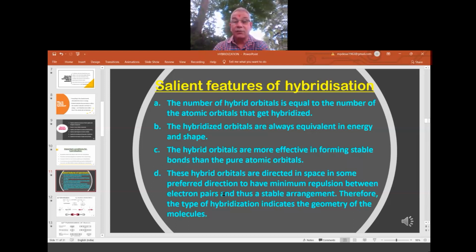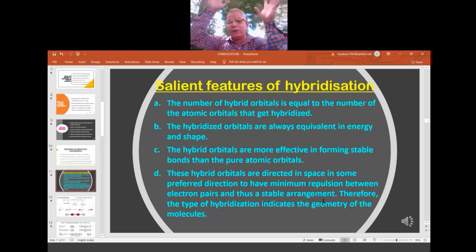And the fourth feature: these hybrid orbitals are directed in space in some preferred direction to have minimum repulsion between electron pairs, and thus a stable arrangement. That means after mixing, they go for a proper shape in such a way that the same mantra is maintained: least repulsion, least energy, maximum stability. Lone pairs less, bond pairs more, or all bond pairs, some shape is made.